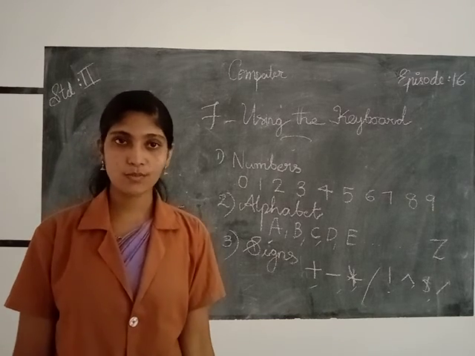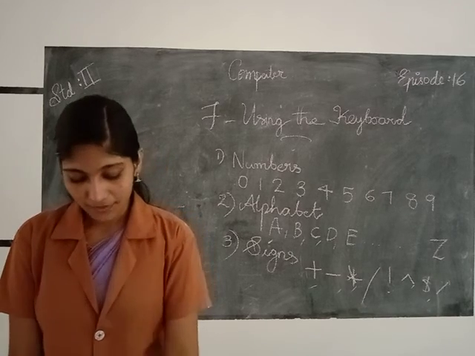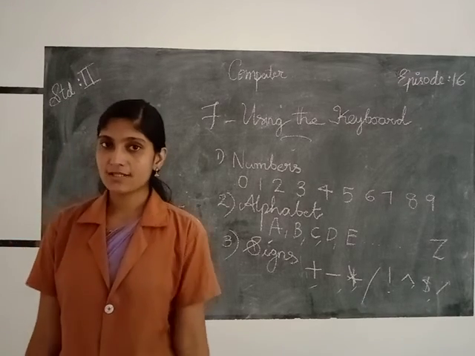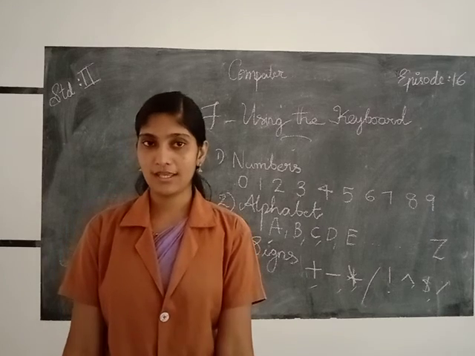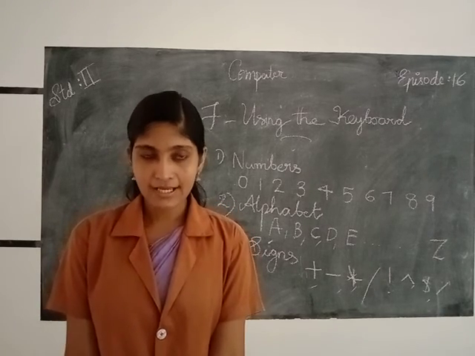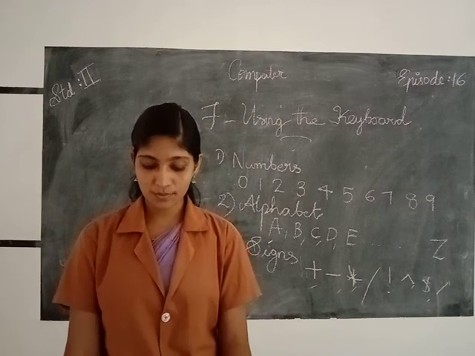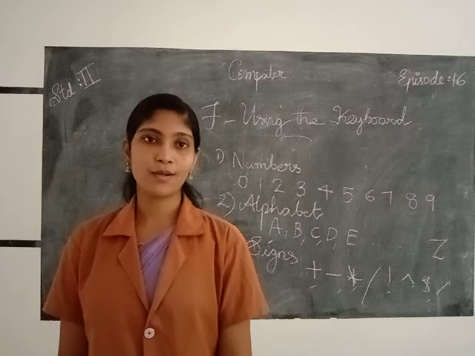So now we understood what the main elements in a keyboard are, right? Moving to the next topic, how to work with a keyboard. When a key is pressed, the CPU takes action accordingly.